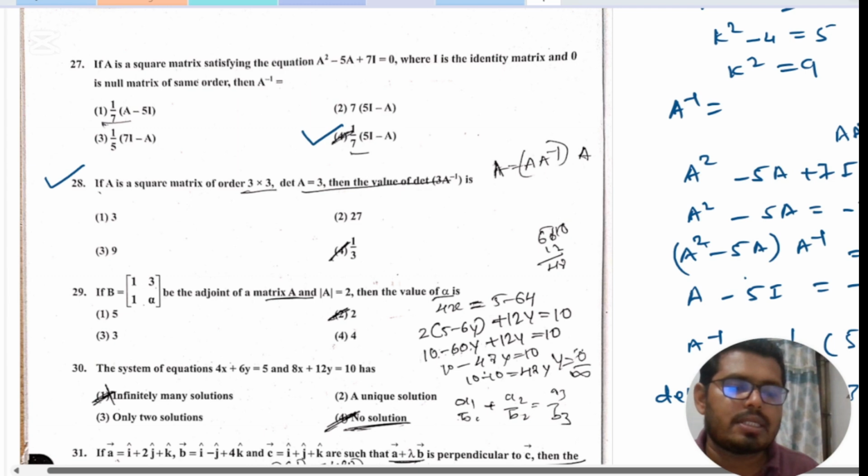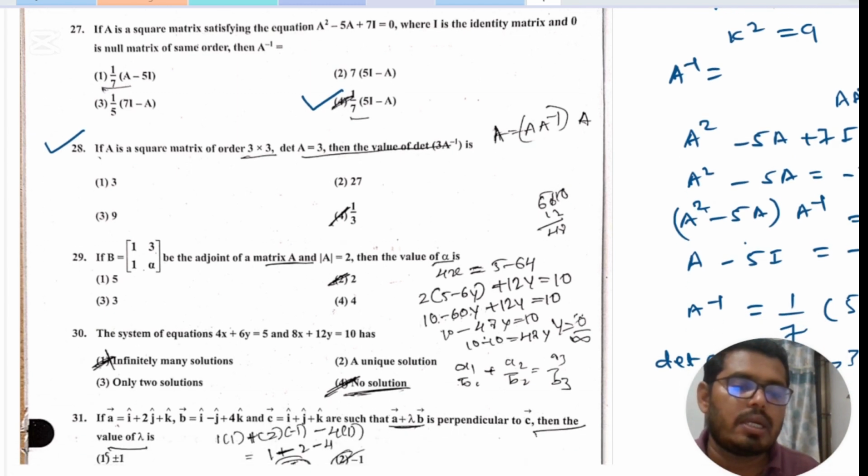It is also written as 3 raised to 3 times 1 by determinant of A, determinant of A is given as 3, so 3 raised to 3 divided by 3, one 3 gets cancelled, 3 square is 9. Therefore, option third is correct.